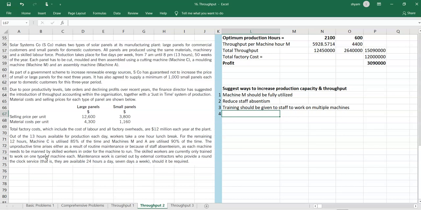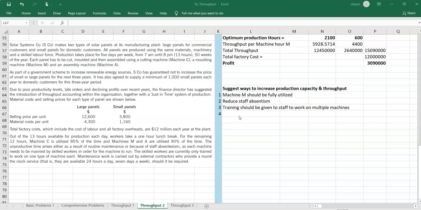That way even if one person is absent, another person can still operate the machine.